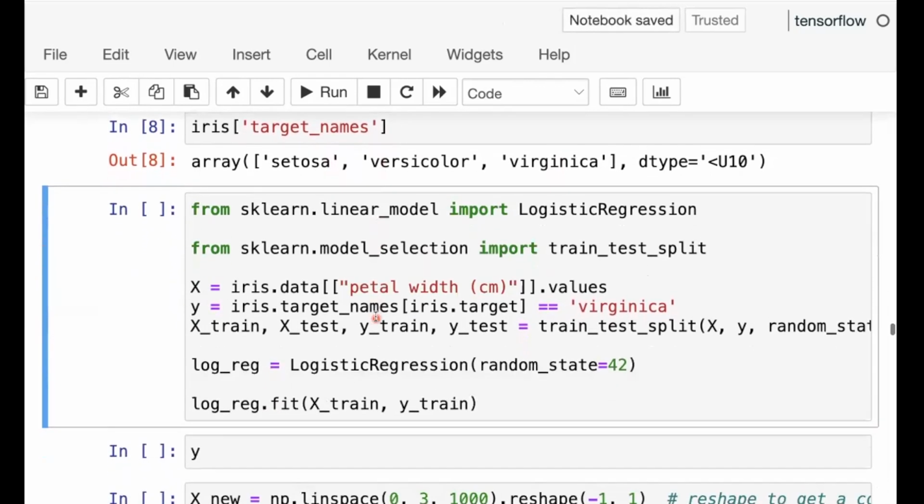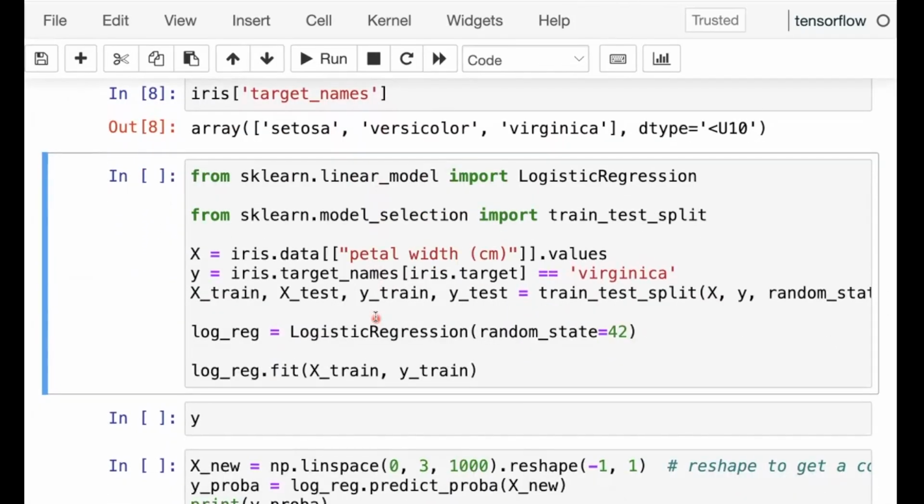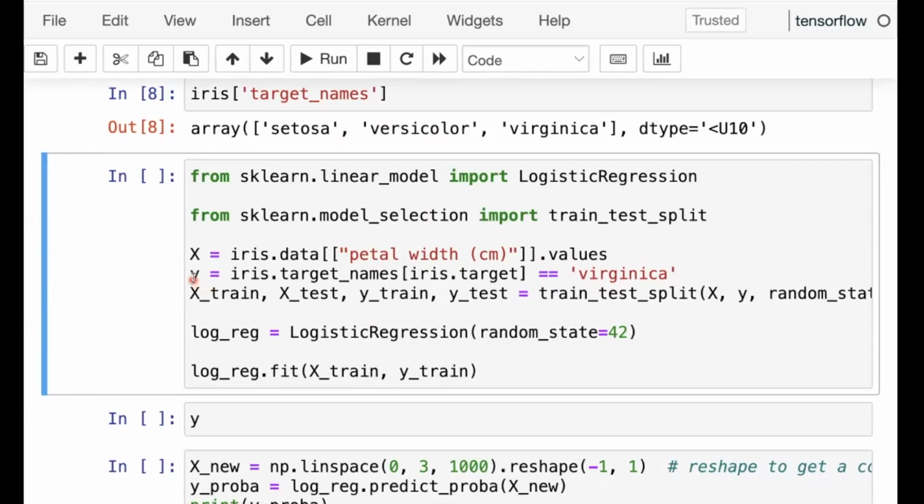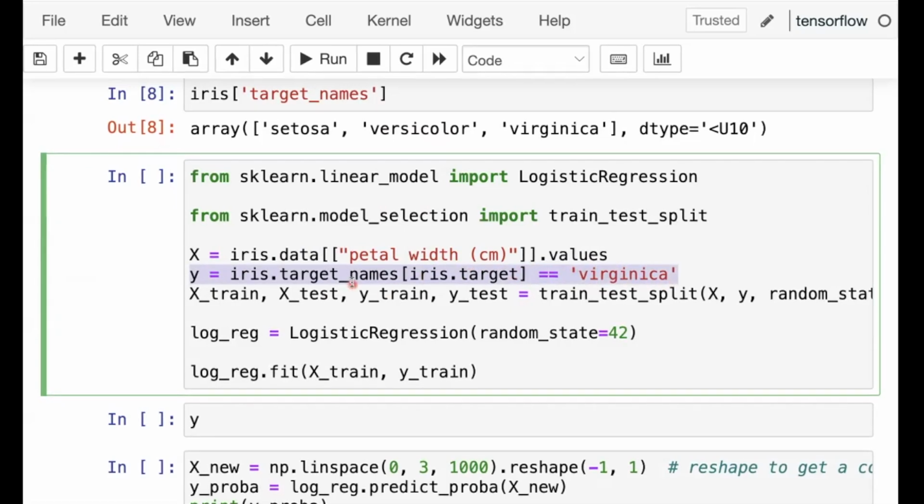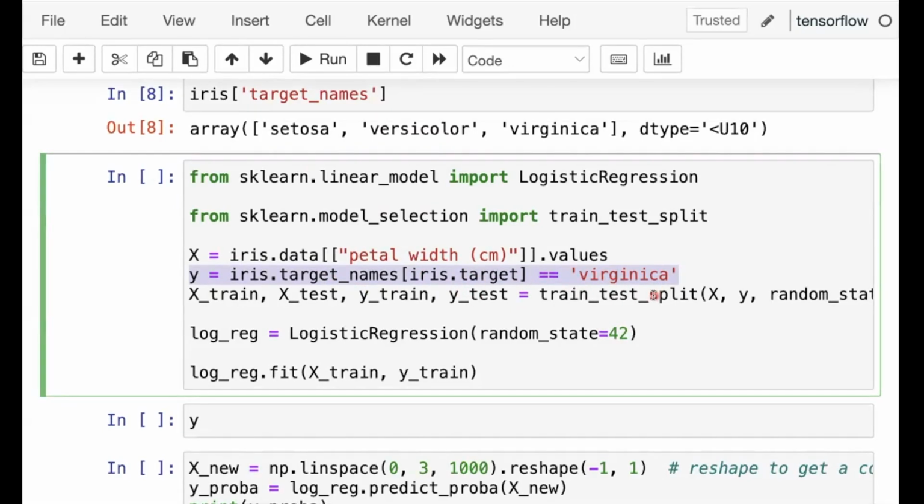However, since we mainly focus on binary classification so far, we're going to convert this 3-class classification problem into a binary classification problem by putting this condition: whether the type is this one here or not, right? So that's the essence of binary classification.